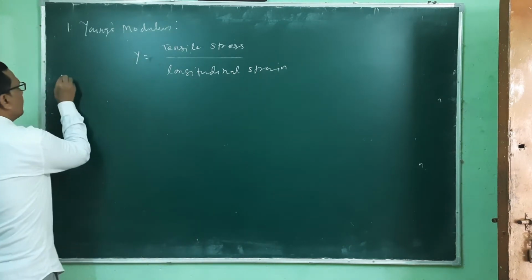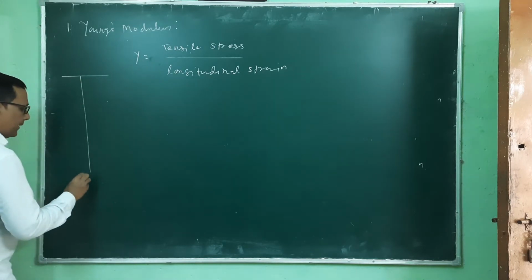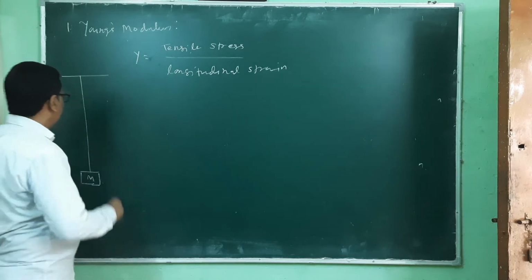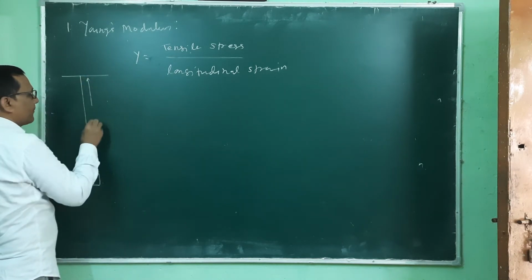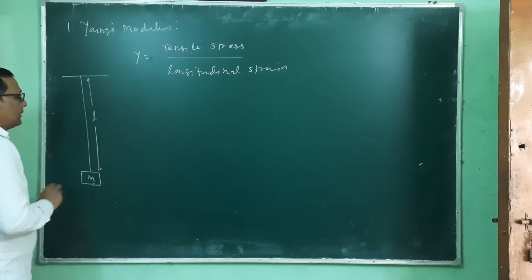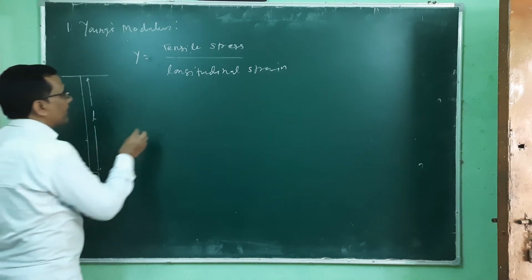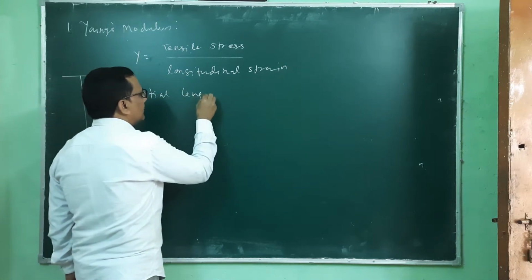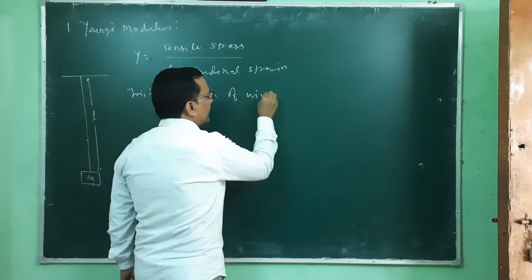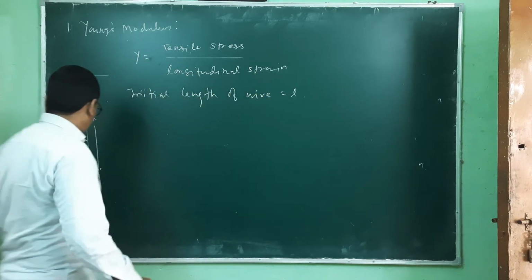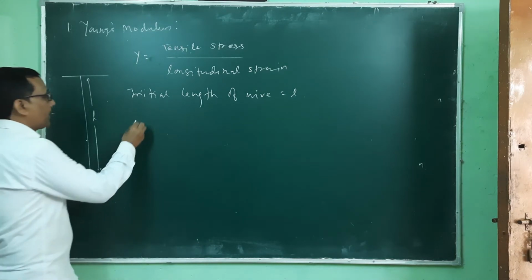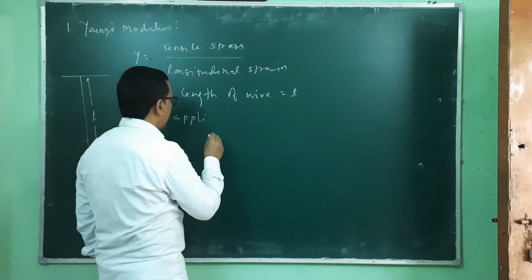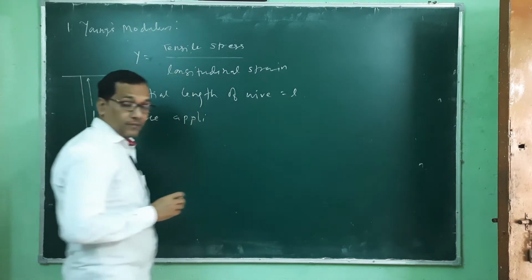If we have a wire fixed somewhere here, hanging from this support, let's say its initial length is L, and the mass hung is M. The force applied, what is this force known as?